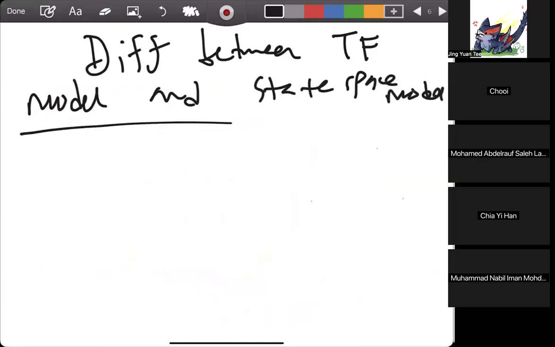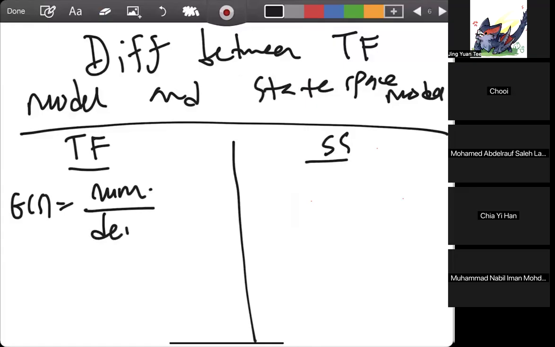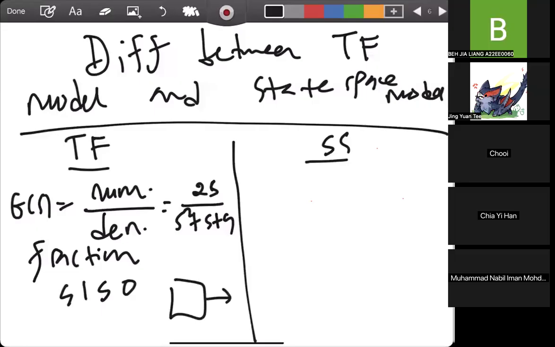For the transfer function G(s), you have a numerator and denominator, a fraction, for example 2s over s squared plus s plus 9. It is single input, single output.